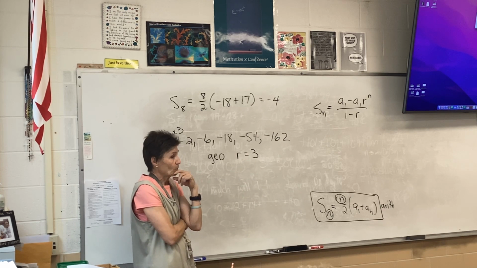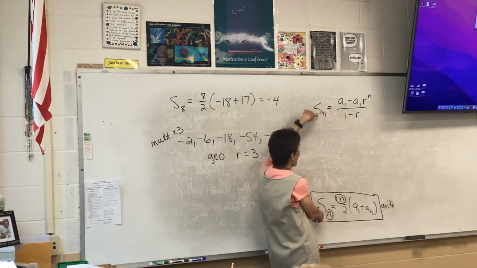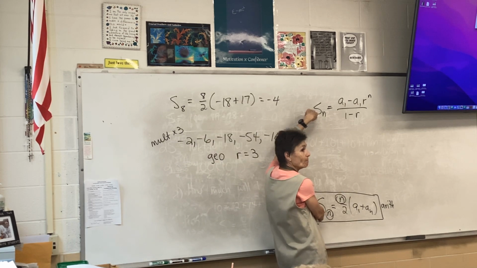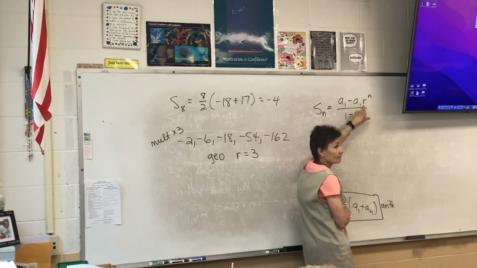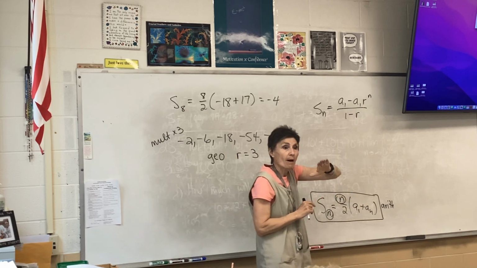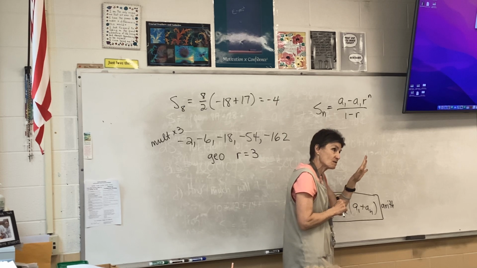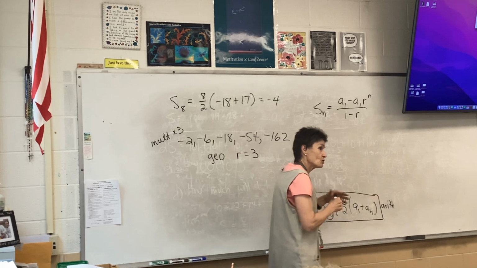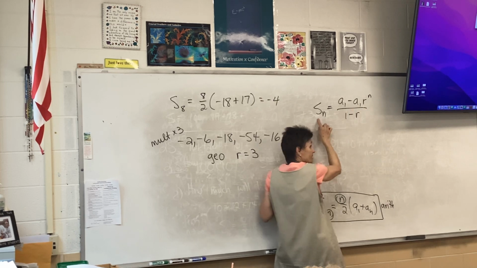But see the S's? What do you think those S's stand for? Sum, we're adding. So if your job is to add, you're going to use an S formula. See this R? What does an R stand for? Common ratio, and if it's a common ratio, then the sequence must be geometric. So you see how you can figure out that this is a geometric sum?